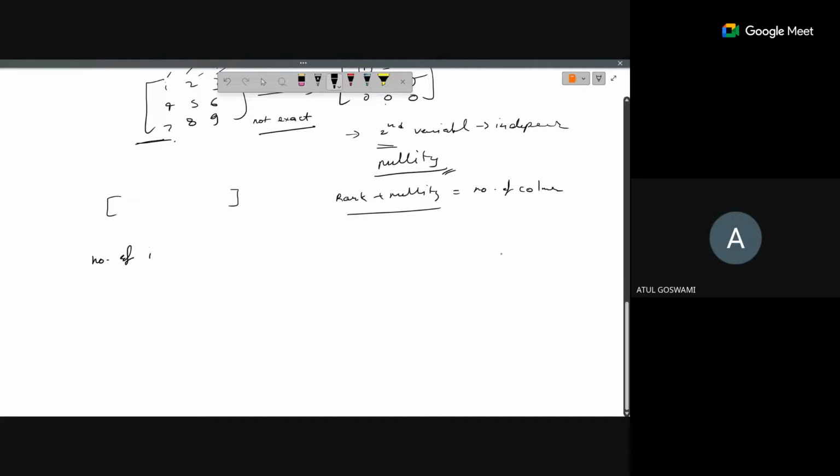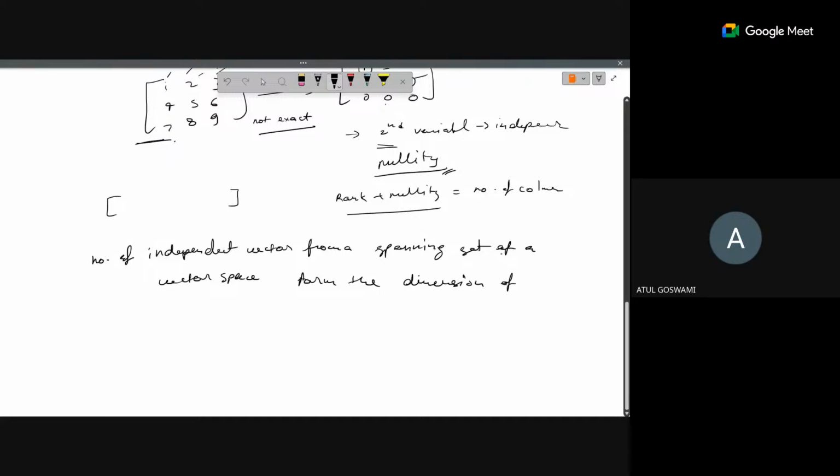Number of independent vectors from a spanning set of a vector space form the dimension of the vector space. Okay.